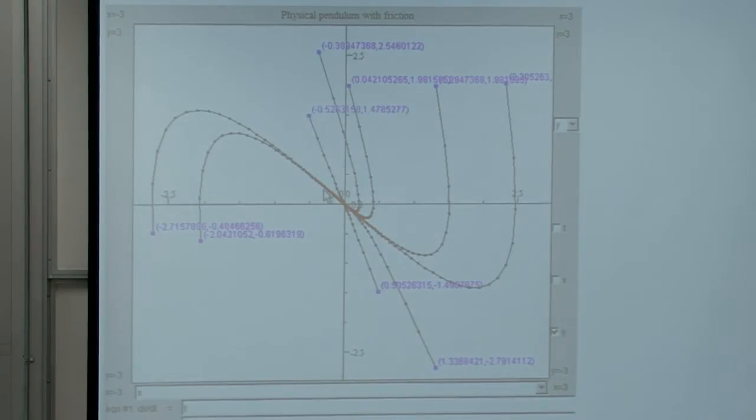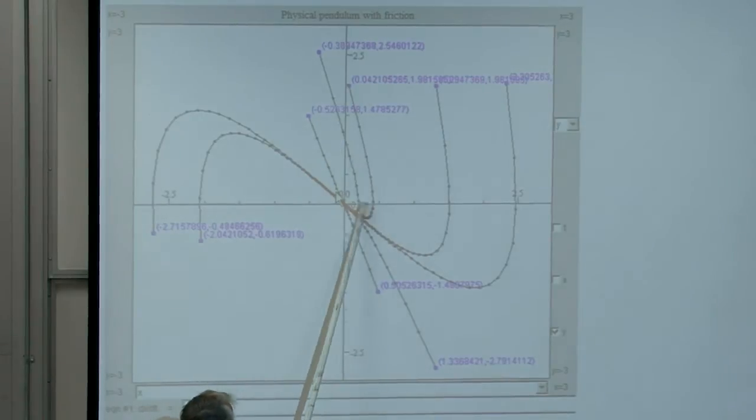Oh, so it seems that if I start anywhere out here, in other words, anywhere but along this line, I will come in eventually along this direction, which is the direction 1, minus 1.